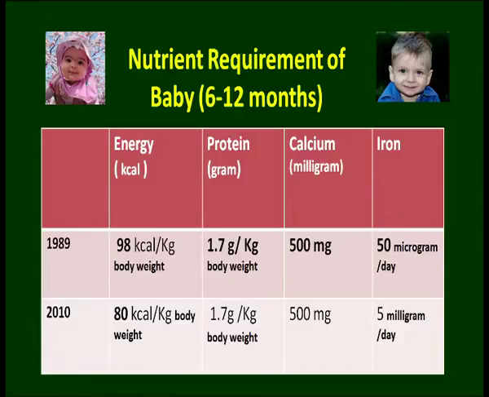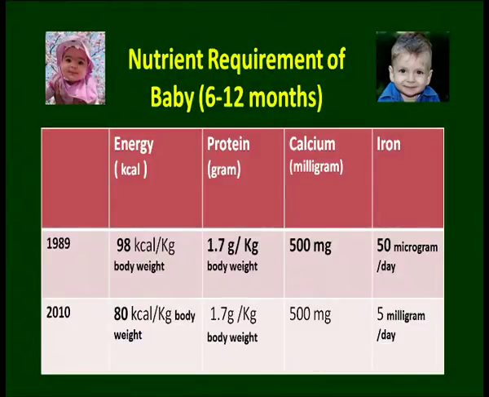Because the nutritional requirement for this age group is largely related to the body weight of the baby or an infant, we can say, hence the energy requirement and the protein requirements are given in terms of per kg body weight.